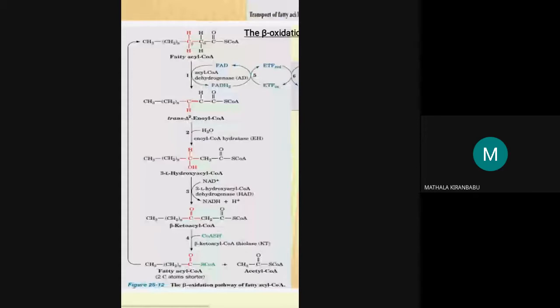Sir, can you please tell again why only 7 cycles are required? Because palmitic acid has 16 carbons. After the 7th cycle, how many carbons are remaining?